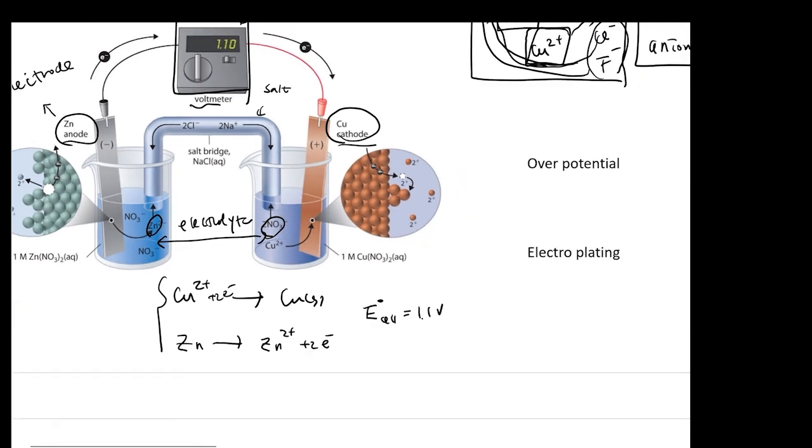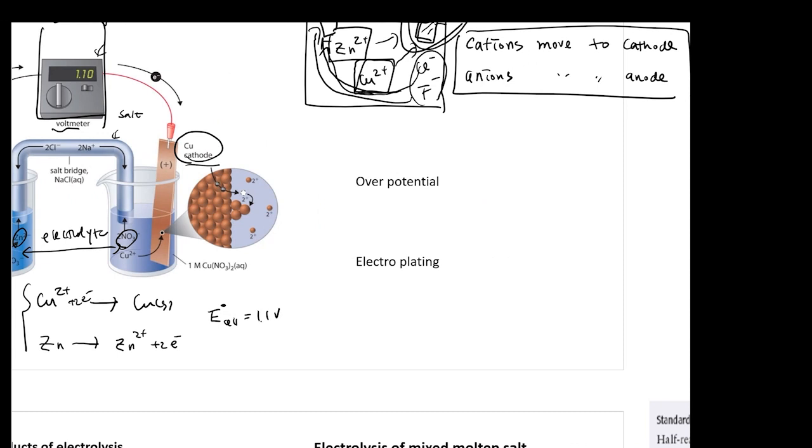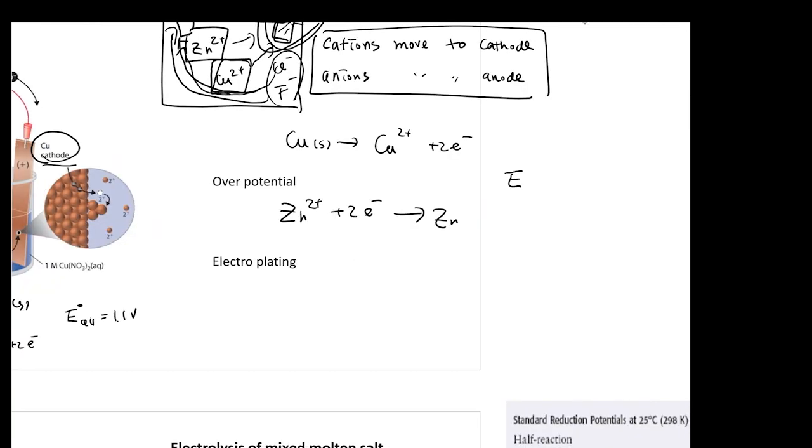But right now, when we do the electrolysis cell, you're trying to push the reaction in the reverse order. In other words, in the electrolysis cell, you push copper solid to become copper 2 plus plus 2 electrons, and then zinc 2 plus gains 2 electrons to give you zinc. When you do this, you can see that the E naught cell is going to equal negative 1.1 volt.